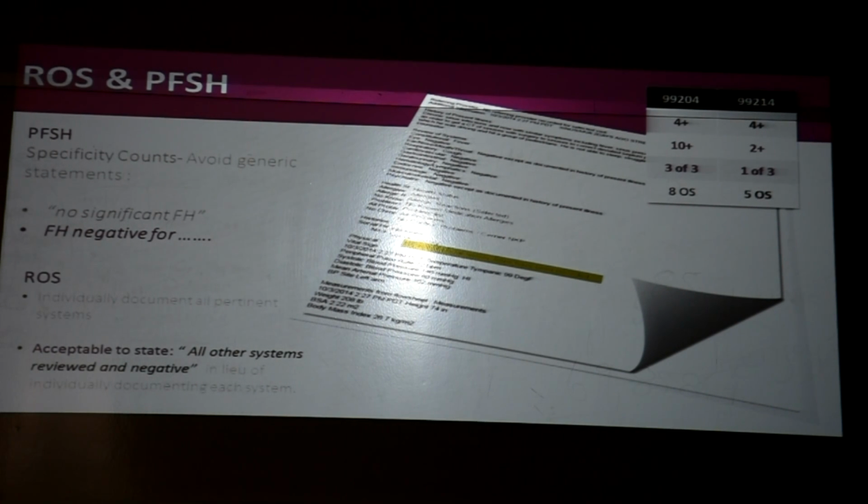I am not a lover of non-contributory. Because let's say they're there for an abscess. Family history has no bearing on that. Right. So in that case, I actually would rather have no significant family history, because at least it's saying you've made that decision, that you've asked about family history and it's not significant.